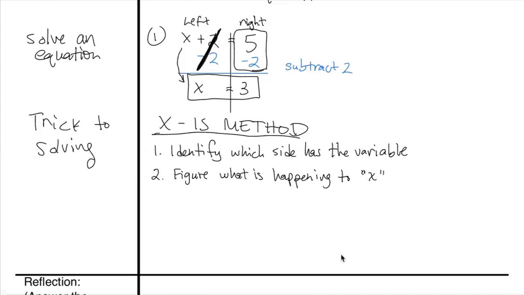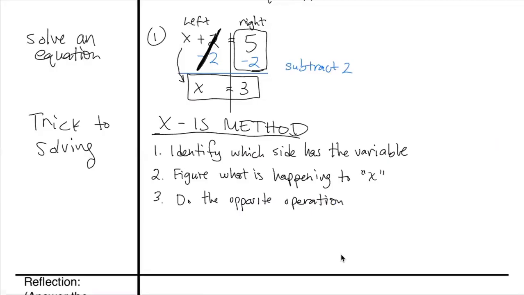So we got to figure out what side the variable is on, figure out what's happening to that variable, what's happening to X. Once we figure out what's happening, we're going to do the opposite operation. Do the opposite operation.